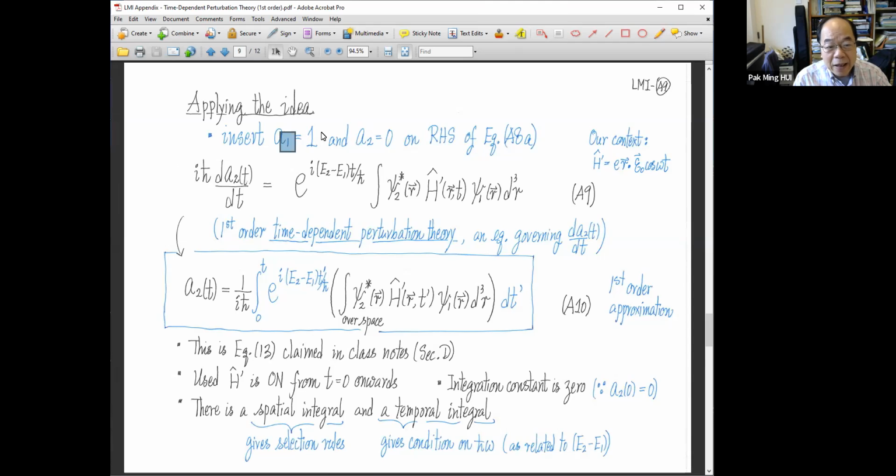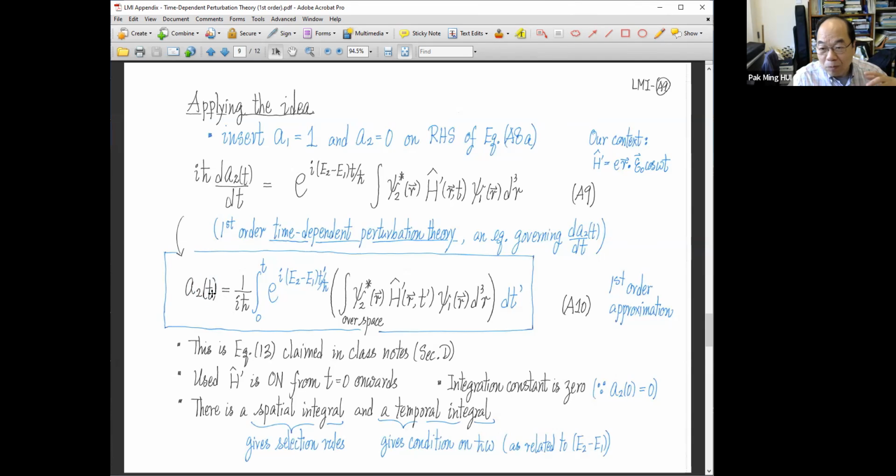And then a time-dependent perturbation term, an interaction term, kicks in at some time called 0. And then we want to ask, what is the probability amplitude that the atom will be found in some other state called 2, that is the final state, after the perturbation is switched on for a time duration t.